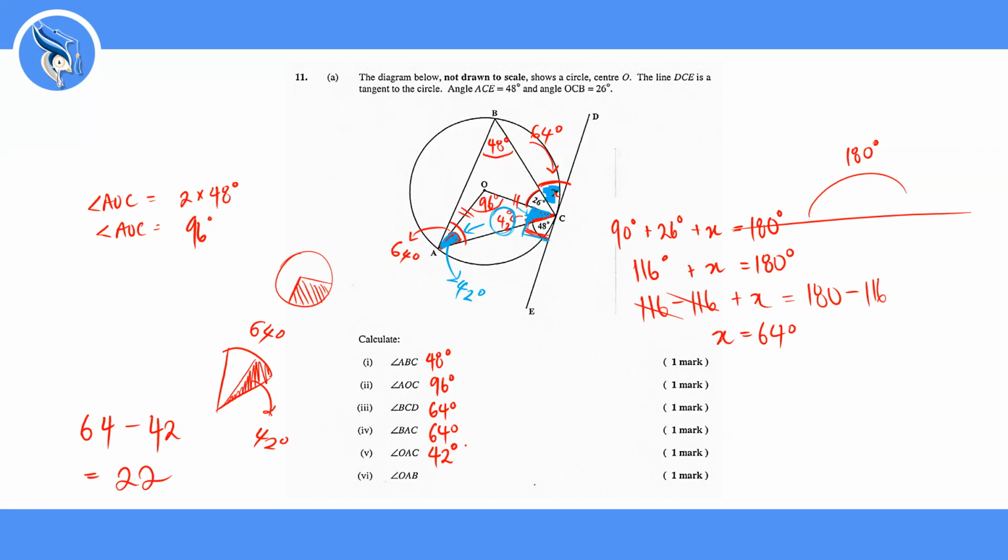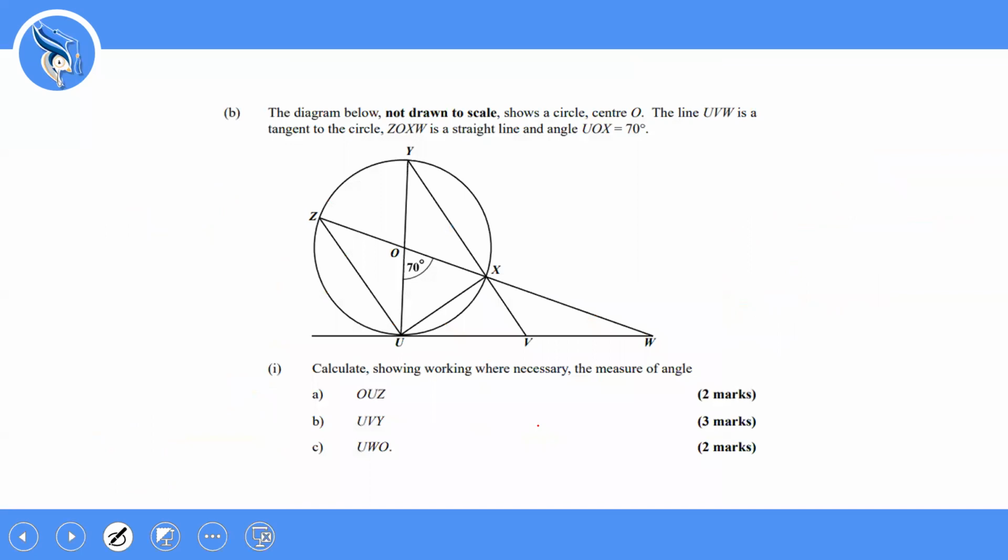So that means that the angle OAB, the little piece right here, is equal to 22 degrees. And that's the answer for the whole part of this, right? So I hope these were clear. Going to some more practice though.